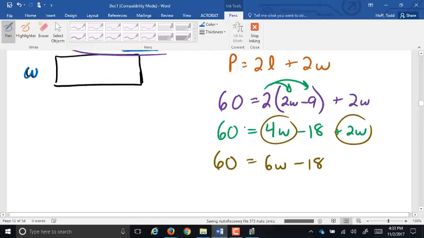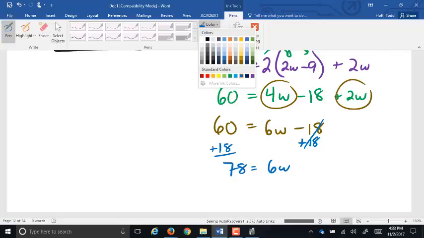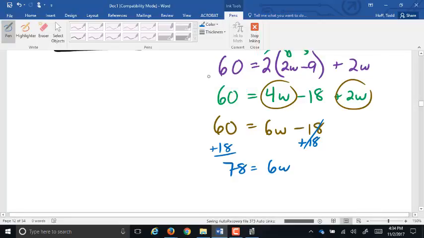And we're just going to solve the equation now for W. So we'll add 18. So 78 equals 6W. And we will divide by 6. So 13 equals W.